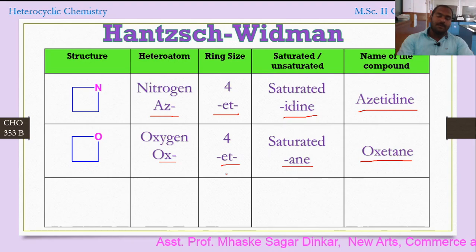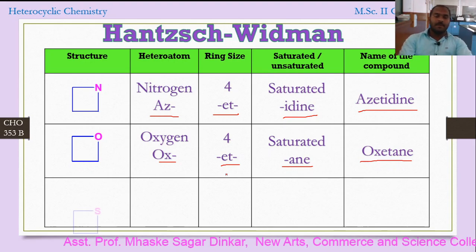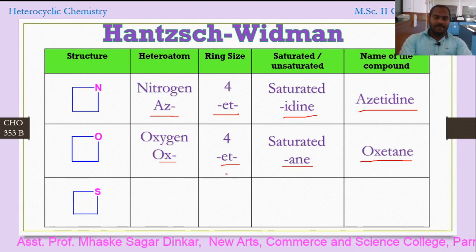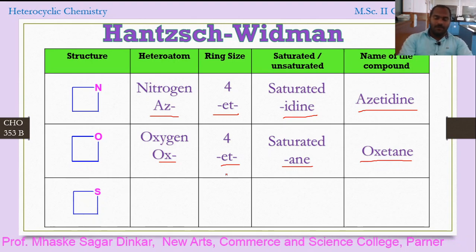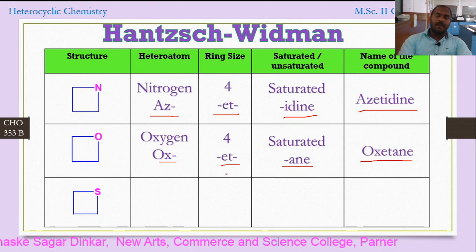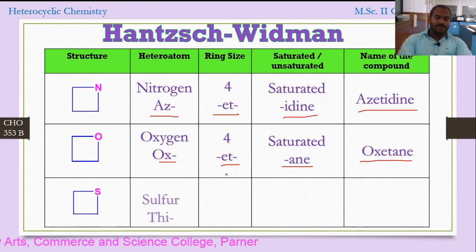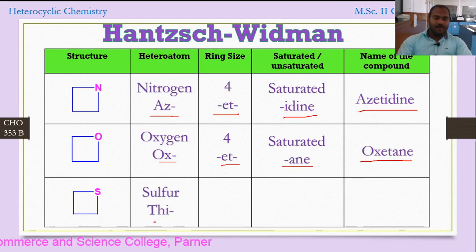Now let's consider the next example. What is the next example? Next example will be the 4 member cyclic structure having a sulfur, okay, as a heteroatom. So heteroatom is a sulfur, therefore name is thia, correct. So name is a thia. So we are having THI. What is the ring size? 4 member, therefore ET, right?